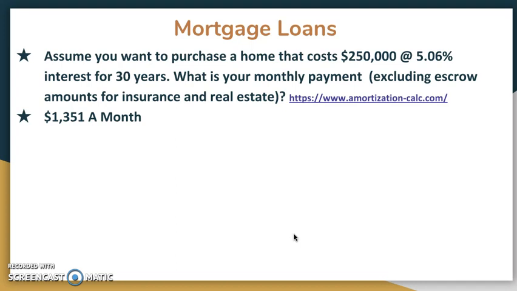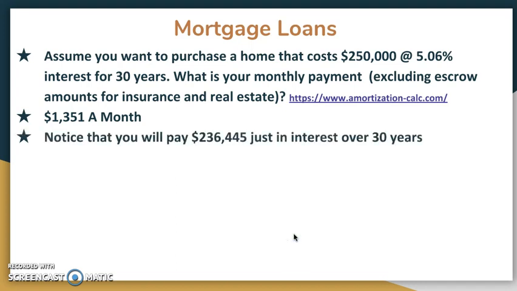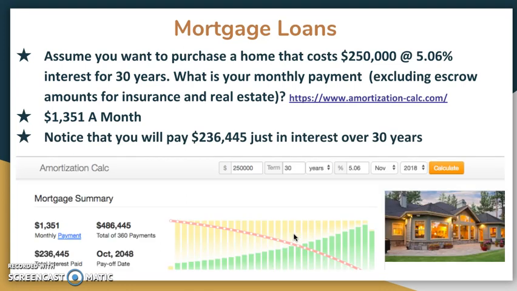This does not include the amounts for insurance and real estate taxes, which is often built into your monthly payment. Here's a screenshot of the results. Now this is what you need to really notice here. You're going to be paying $236,445 just in interest. So you're almost paying back double what you borrowed.